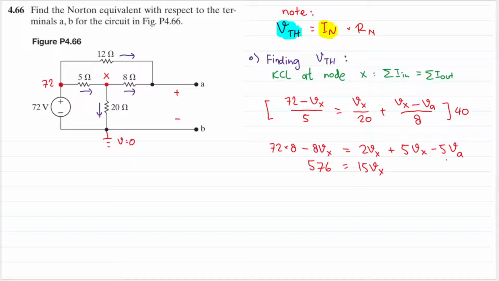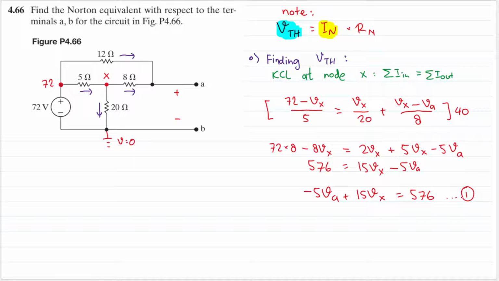And Va only comes from here, so that will be minus 5 Va. Or maybe we can write that as minus 5 Va plus 15 Vx is equal to 576. Okay, let's have this as equation number 1.